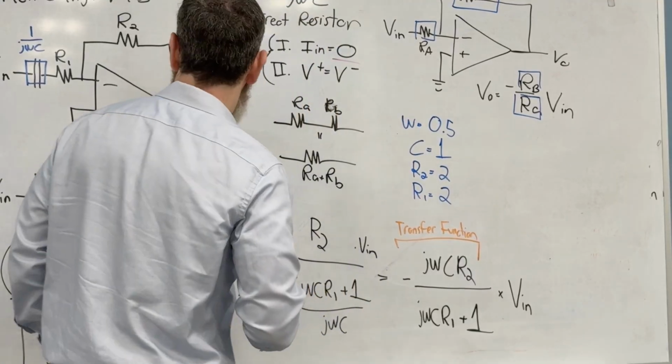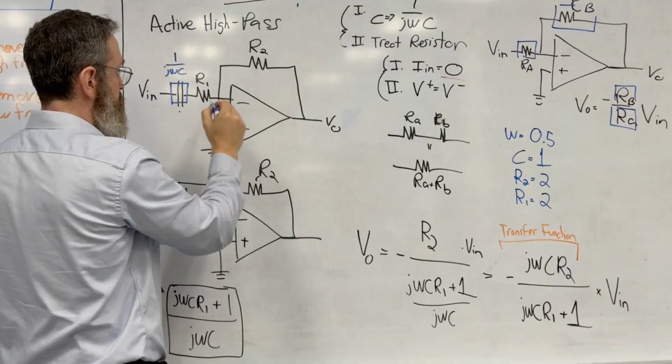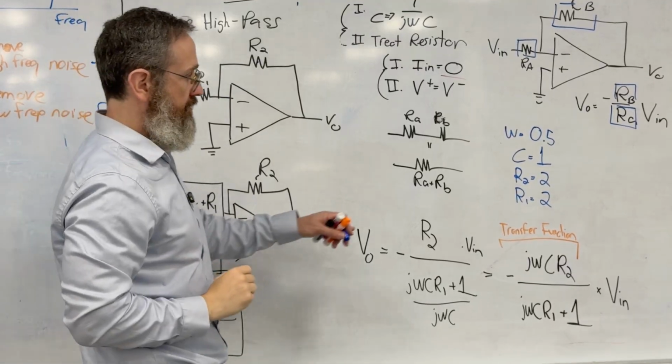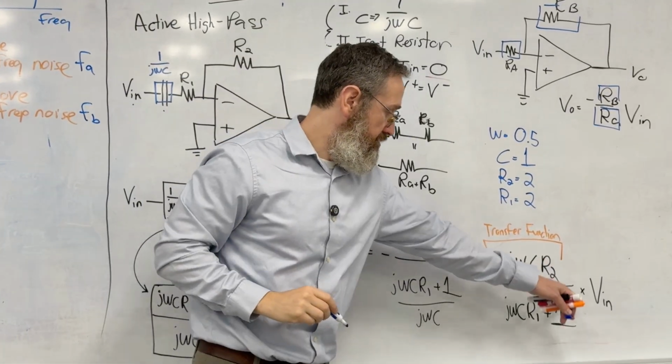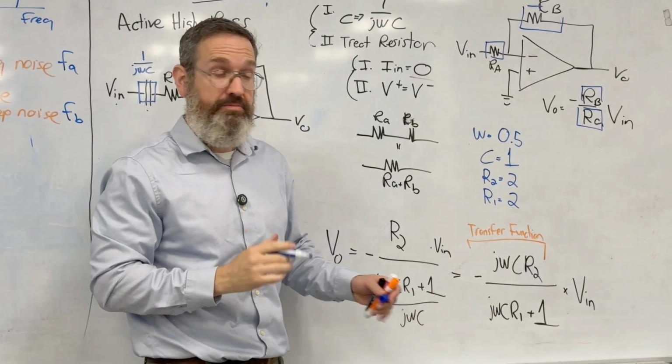All right, so I'm assigning values to this capacitor, to this resistor, and to the frequency that showed up. So these are the values that I can now plug in here. So now we're talking about a specific case.